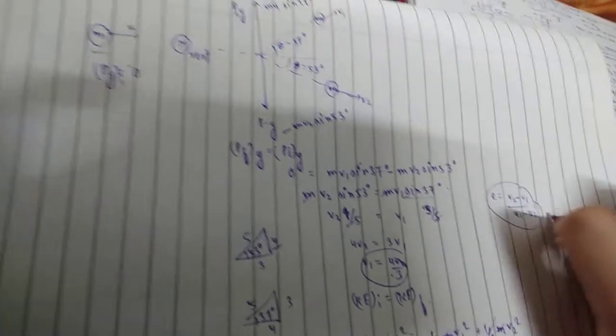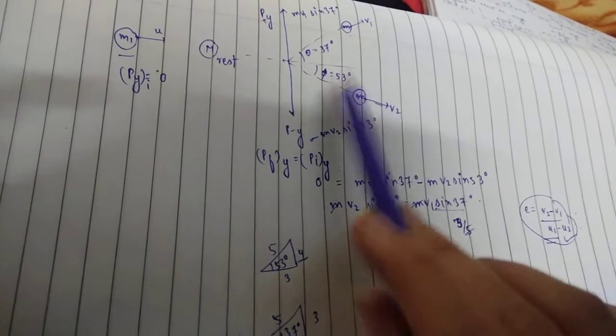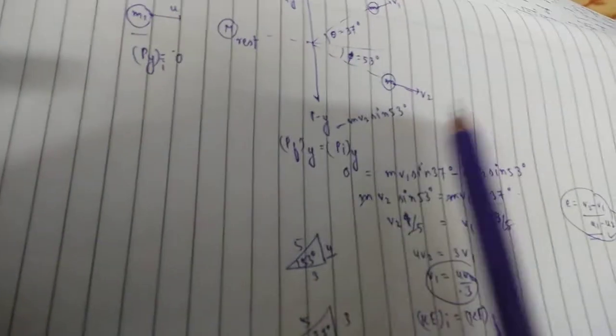It is applied at last. But if we are given angles, then momentum conservation, then kinetic energy, and if we are given velocity, then kinetic energy, then momentum conservation, and you will get all the values. Thank you.